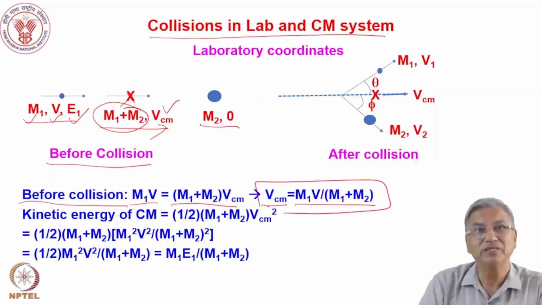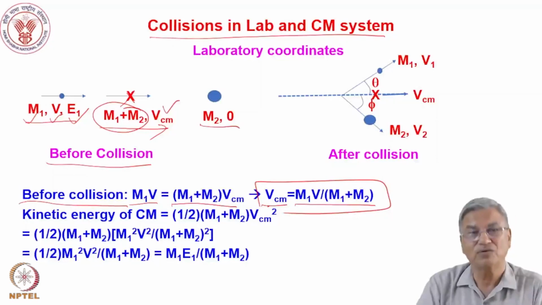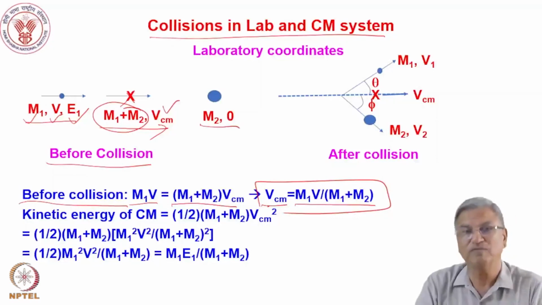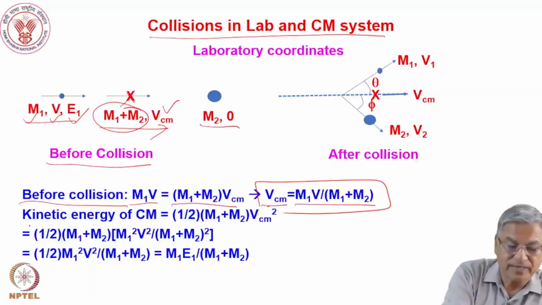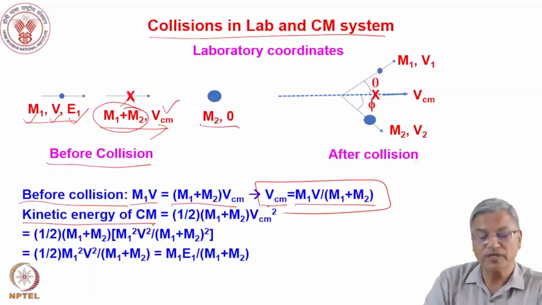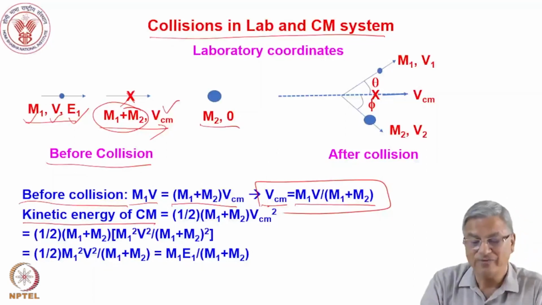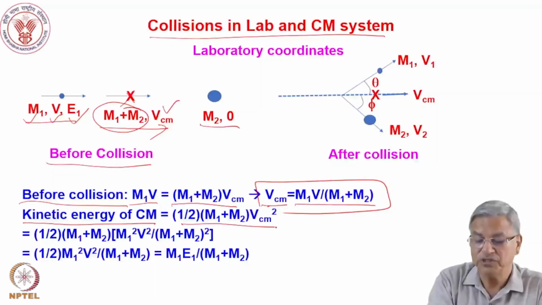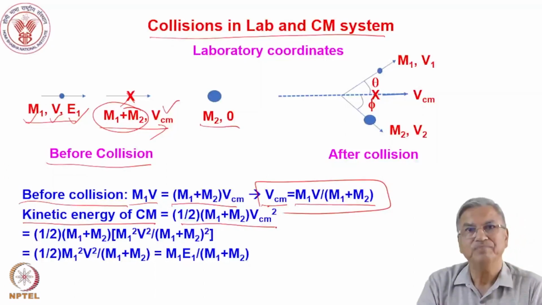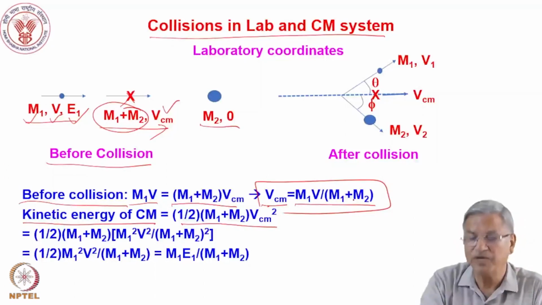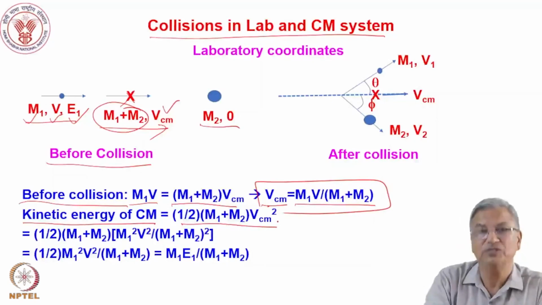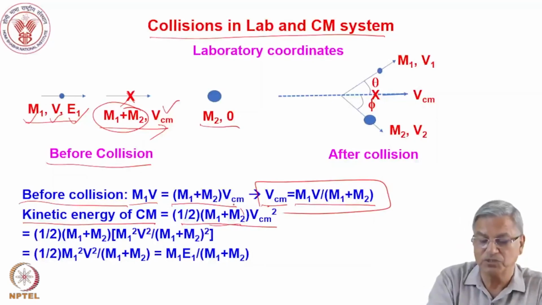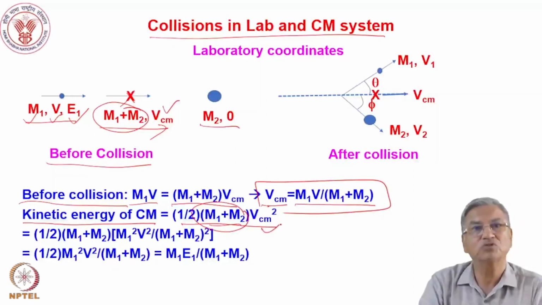So in the laboratory, the center of mass system is moving with velocity m1v upon (m1 plus m2), and with the kinetic energy half (m1 plus m2) Vcm square. Velocity of center of mass is m1v by (m1 plus m2), and the energy of the center of mass is half (m1 plus m2), this is the mass, into Vcm square.